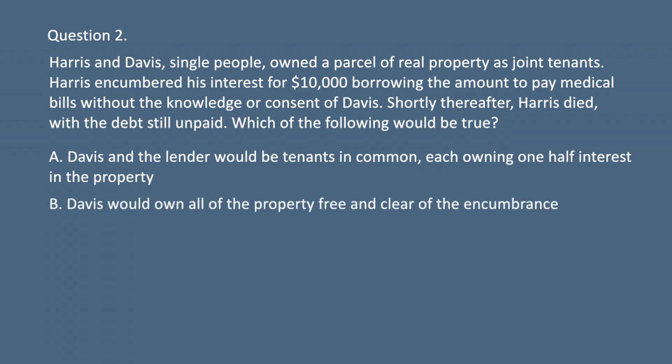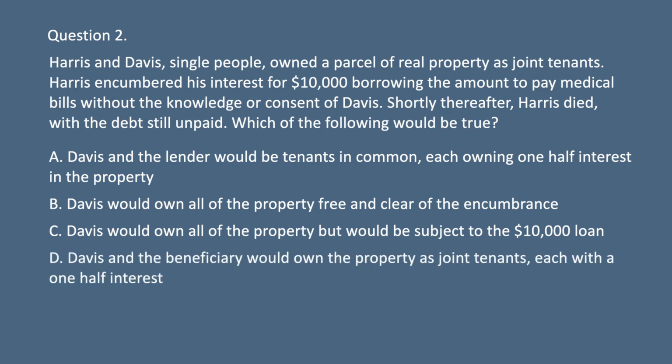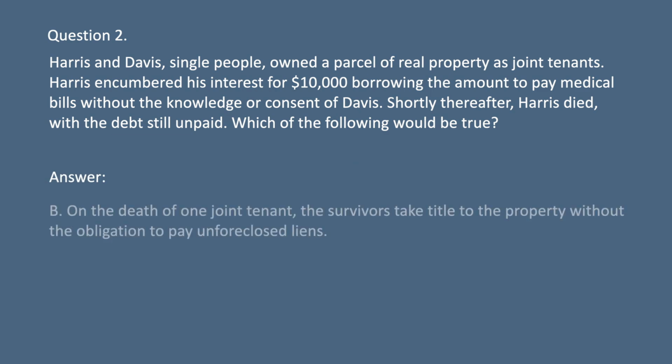B. Davis would own all of the property free and clear of the encumbrance. C. Davis would own all of the property but would be subject to the $10,000 loan. D. Davis and the beneficiary would own the property as joint tenants, each with a 1/2 interest. Answer. B. On the death of one joint tenant, the survivors take title to the property without the obligation to pay unforeclosed liens.